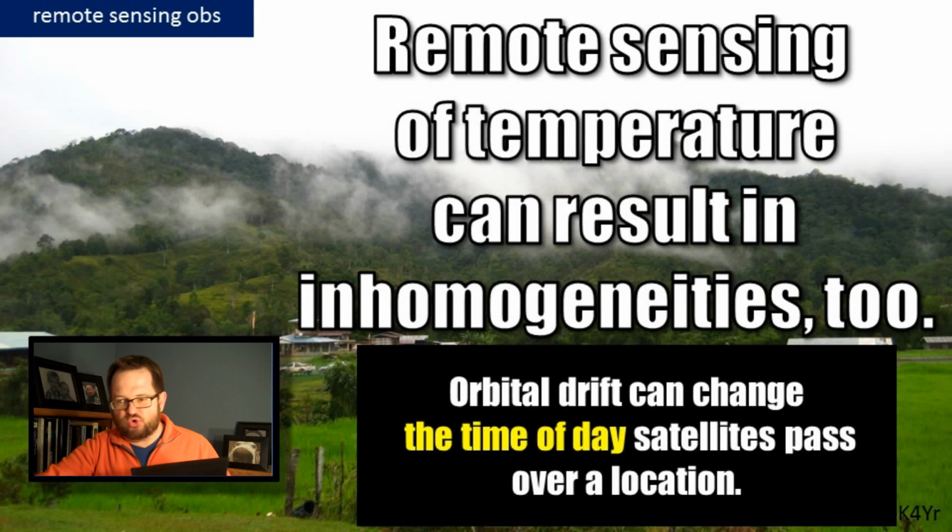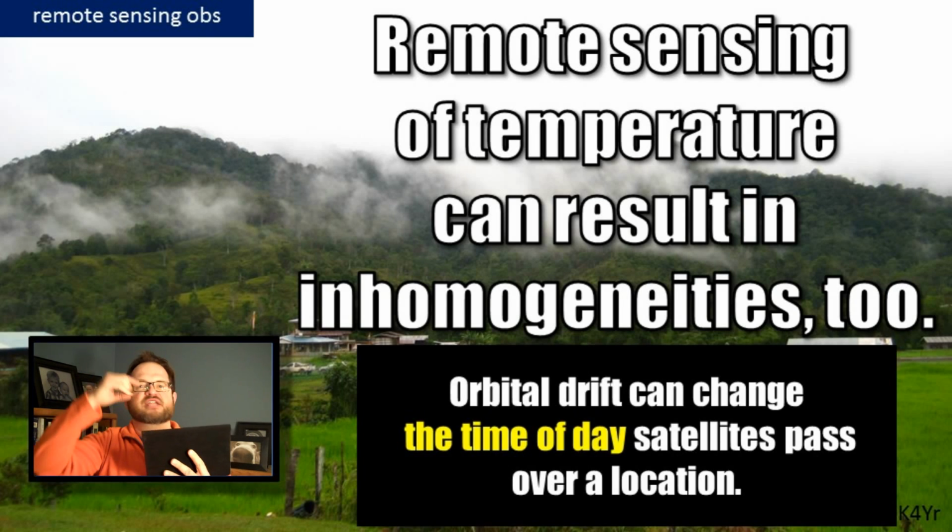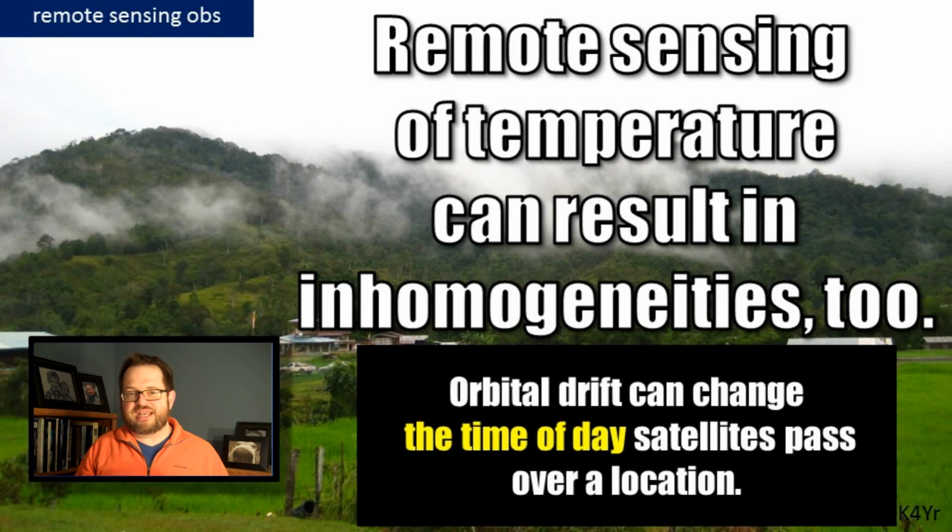A lot of orbits, for example, are sun synchronous. They pass over the same location on the Earth every day at exactly 10:30 in the morning. So as they go around the globe, the satellite sees the same place on the ground. But if there's orbital drift, and now instead of it being 10:30 in the morning, it's 11 o'clock in the morning when the satellite passes over, well, you expect the temperatures to be warmer. Right? I mean, there's been 30 more minutes of daytime heating. The temperature should be warmer than it used to be, but that's not evidence of global warming.